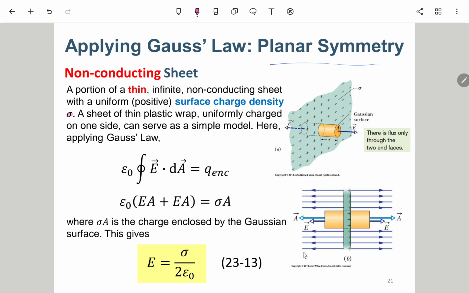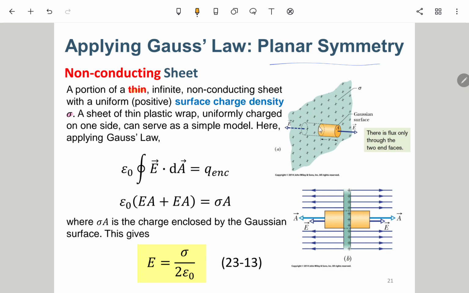Actually this is a cross-section figure. So here this is actually the thin sheet. Although it looks not so thin, it is actually a thin thing.